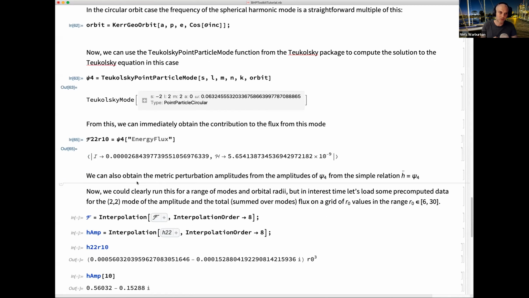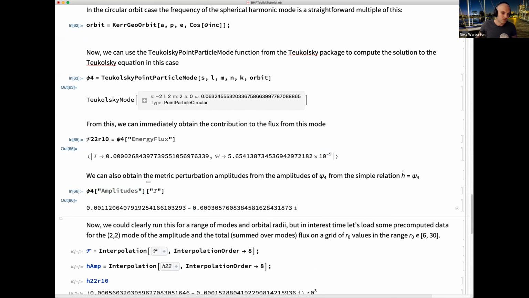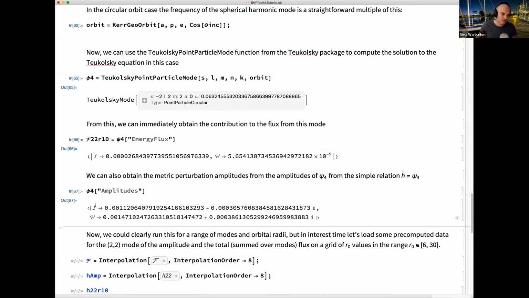And we can also obtain the metric amplitudes. So Psi4, and if you ask it the amplitudes, in this case, we want the amplitude of the gravitational waves to infinity. And we'll get this. So again, if you just do the amplitudes, it'll give you the amplitude of the perturbation at infinity and at the horizon.